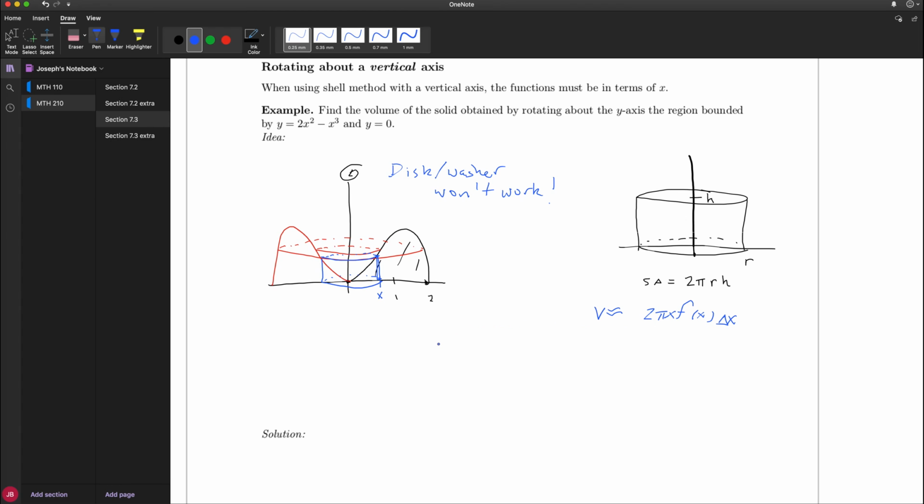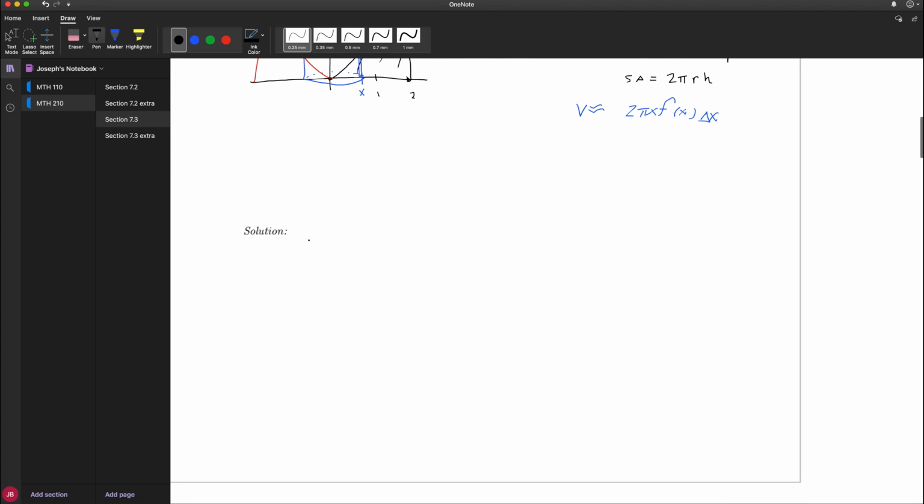So the volume would be the integral, and x is ranging from 0 to 2, so we're using the x bounds of the region. This changes to a dx here. So we get 2 pi x f of x dx.